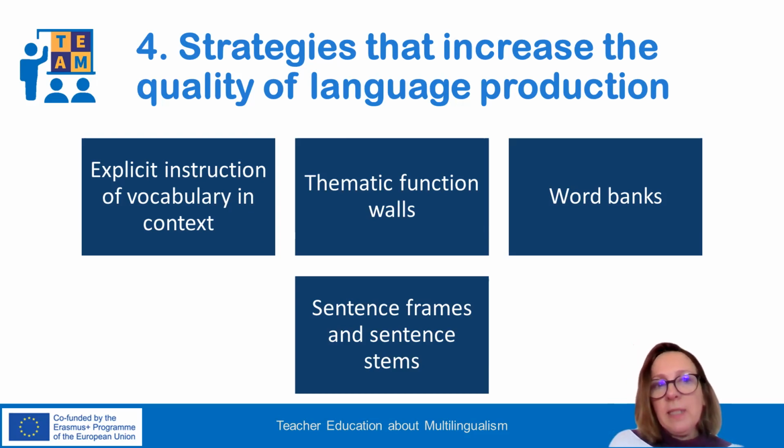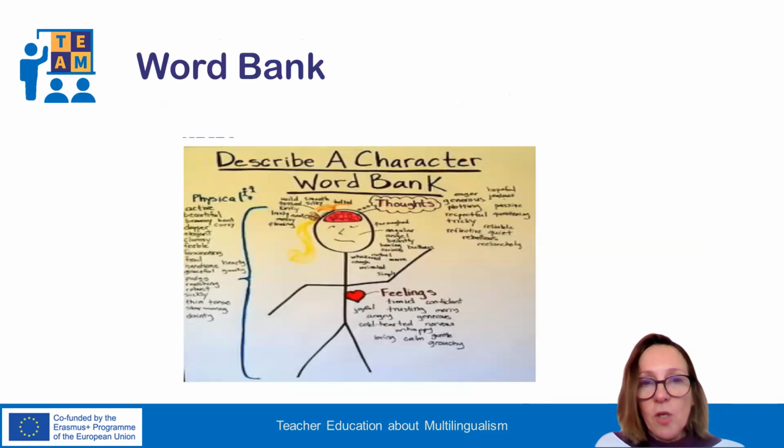So the explicit instruction of vocabulary in context is self-understood, is self-defined. The thematic function and the word banks look like that. So the teacher provides a theme or a picture on the wall, and students are required to describe it.